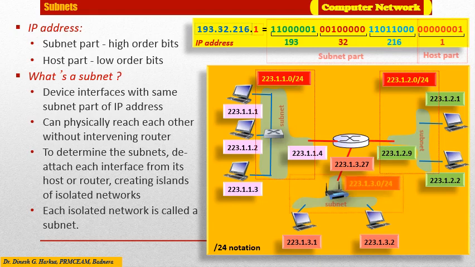And the third subnet is 223.1.3.0/24. Again, 223.1.3 is common among all these three interfaces, and these first 24 bits in our case form the subnet part of the IP address.